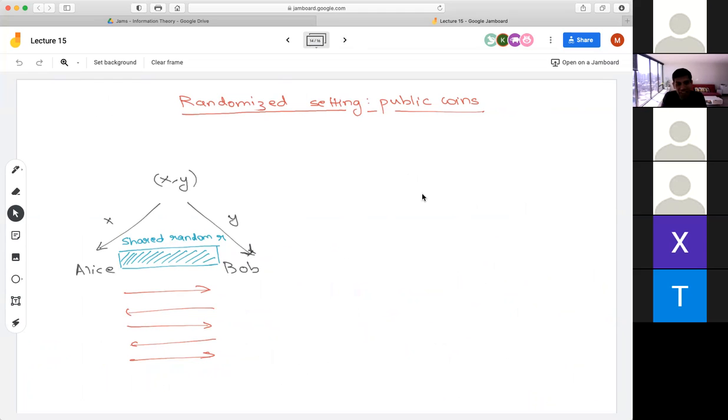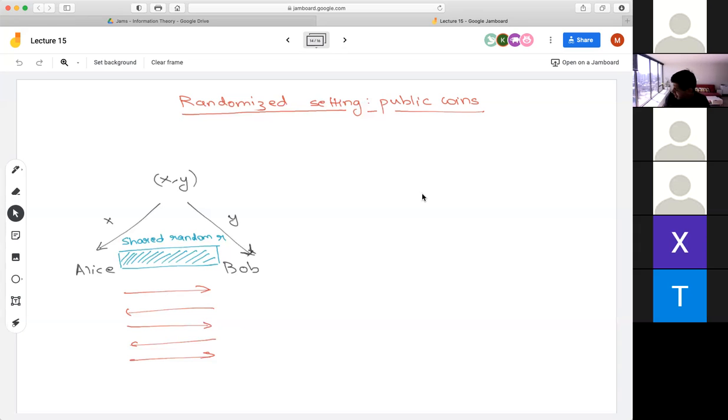Some of these are easier to think about when designing protocols, some are easier to think about when proving lower bounds. But another setting is where you allow Alice and Bob to use randomness, but the randomness is public. So instead of Alice having R sub A and Bob having R sub B, they both have a random string R. And now they can do whatever they want. Everything is still a function of x, y, and these random bits.